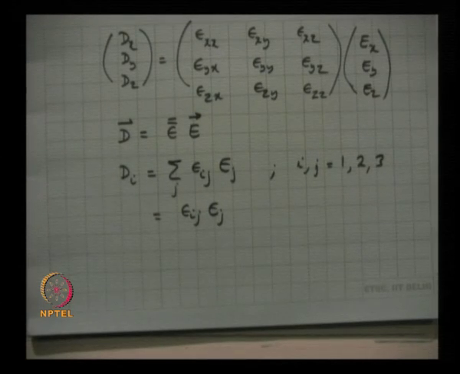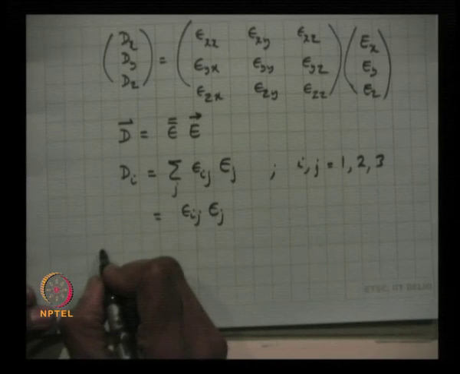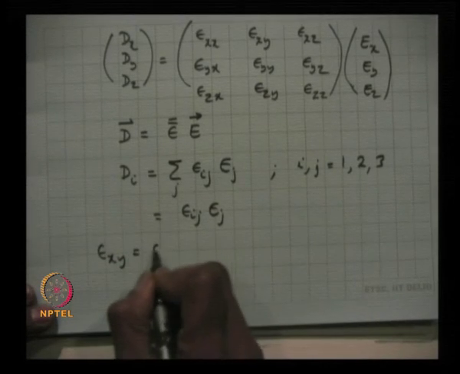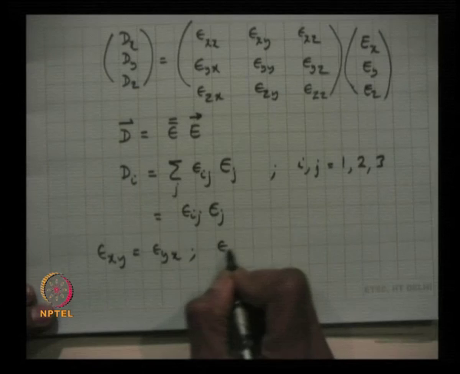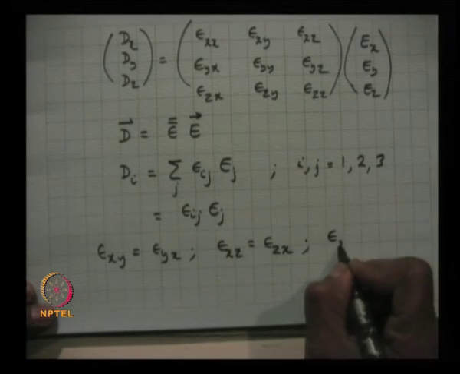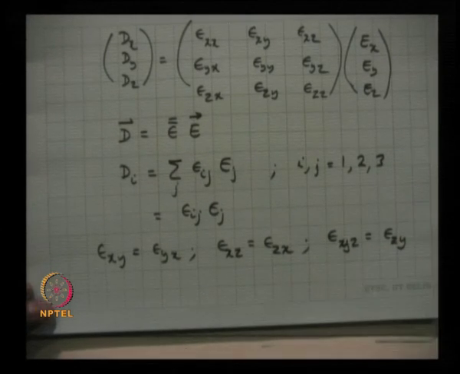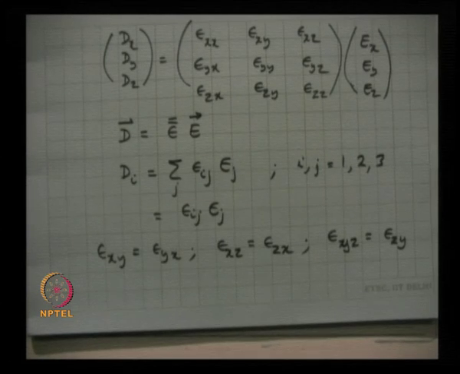It has in general 9 components. Now, one can show through arguments of energy conservation that this epsilon tensor will be symmetric. So, you will have epsilon xy is equal to epsilon yx, epsilon xz is equal to epsilon zx, and epsilon yz is equal to epsilon zy. So, there are only actually 6 independent elements in the epsilon matrix. So, that is a symmetric matrix.